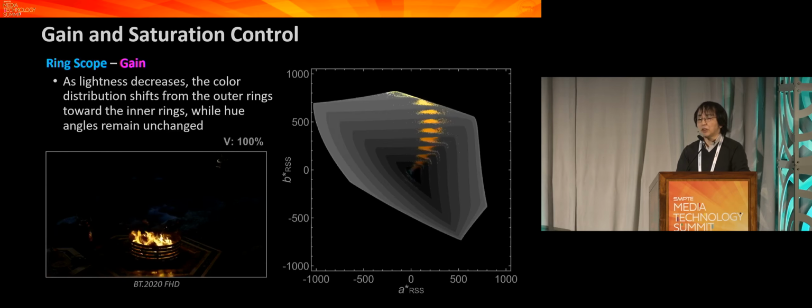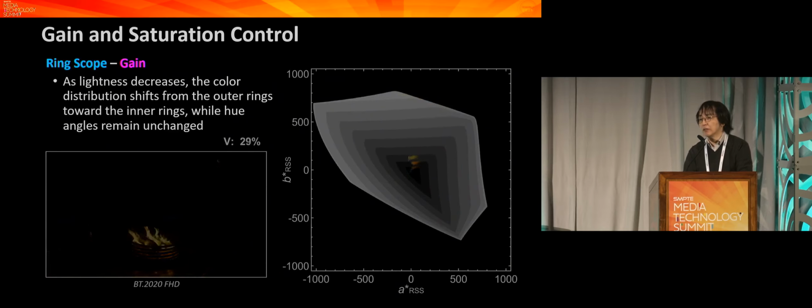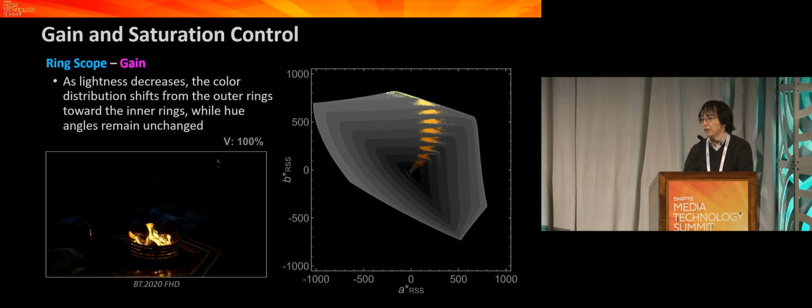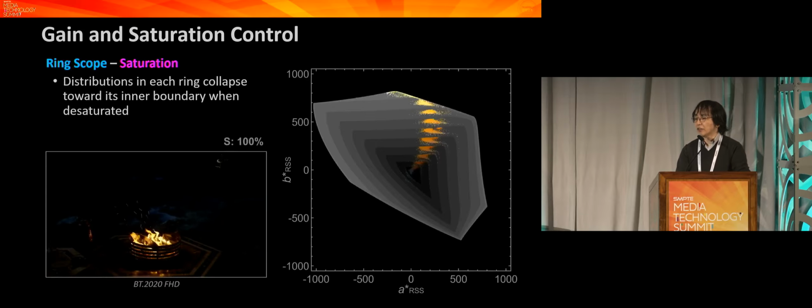This video clip shows yellow frames, and I'm controlling the gain. As the gain decreases, the color distribution shifts from the outer ring toward the inner ring, while hue angles remain unchanged. Okay, and now I control the saturation.